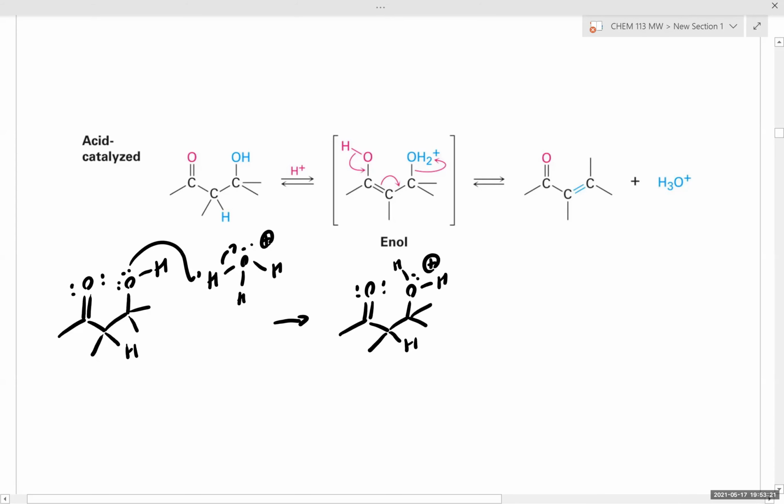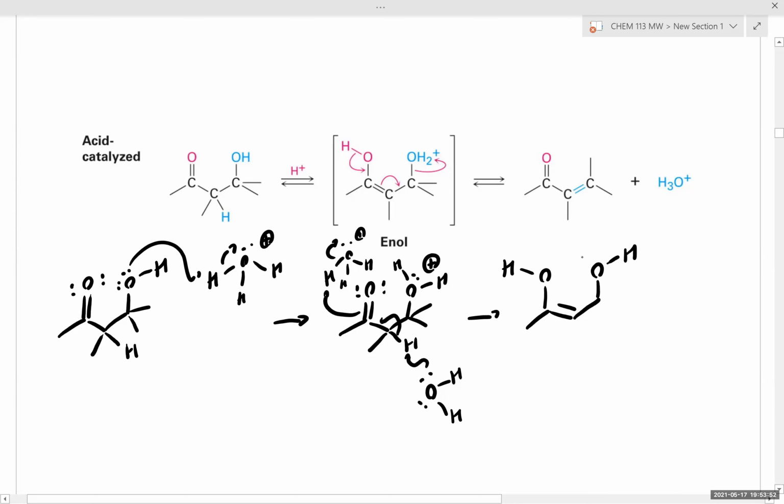From here, we can tautomerize our ketone to the corresponding enol tautomer. Now that we have our enol tautomer set up, we're ready again to kick out our activated leaving group, water.